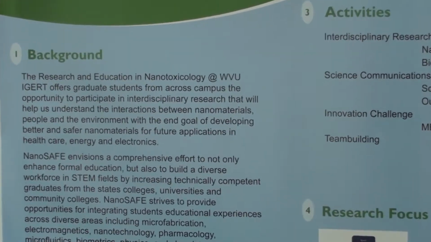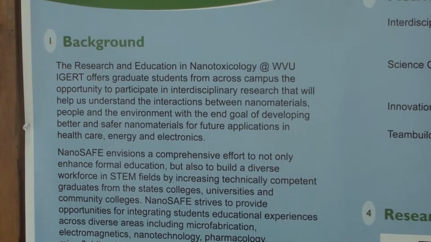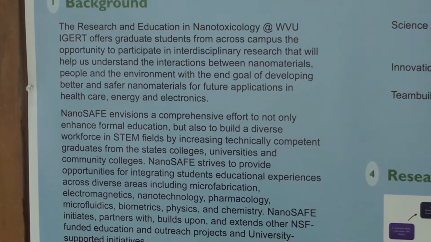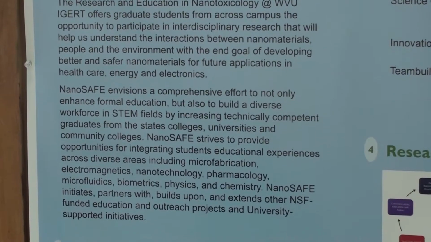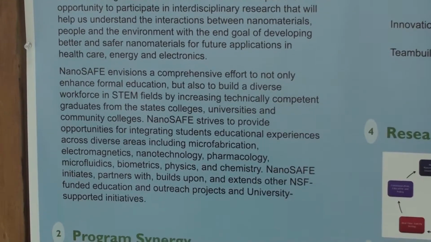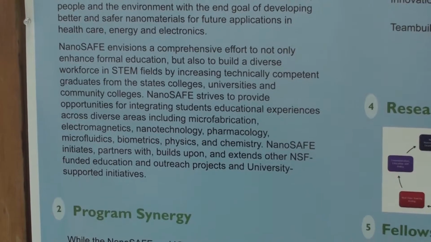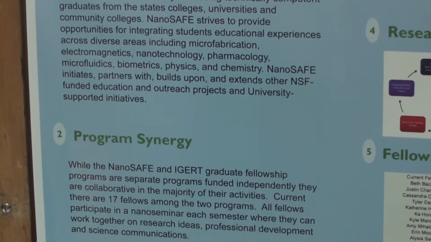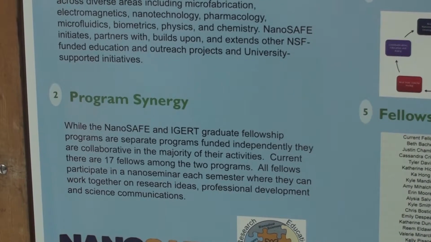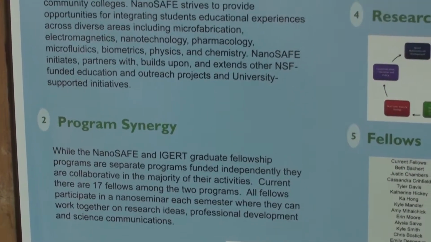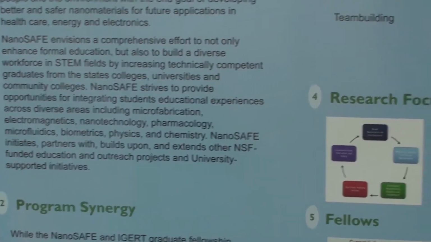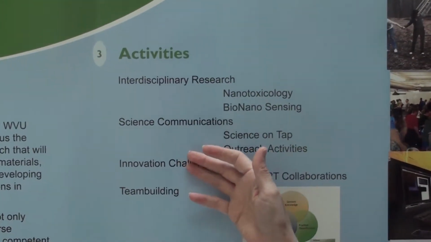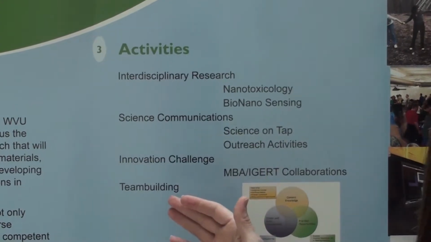So our IGERT program specifically focuses on nanotoxicology, as I mentioned. We have about 14 graduate students in our REN at WVU program, and we have about 13 students in our NanoSafe program. And again, the groups work together on different activities: interdisciplinary research, science communications, an innovation challenge, and team building activities.